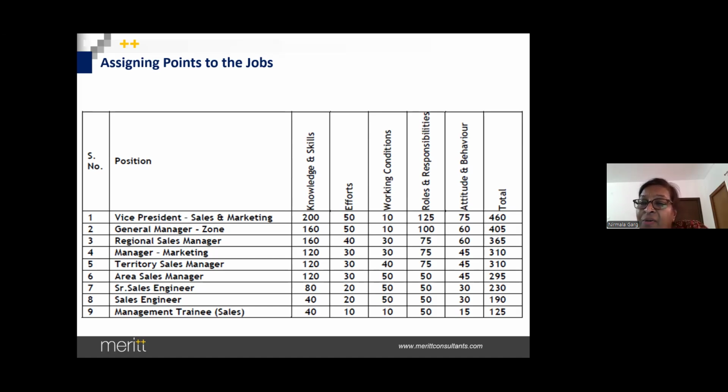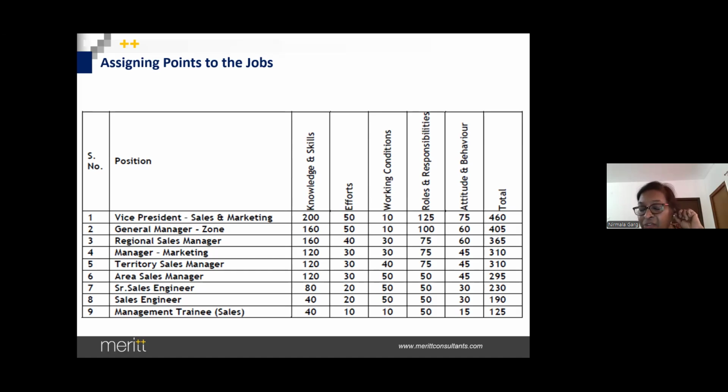So you can actually have a hierarchy of jobs based on what? The highest to the lowest. The advantage here is also when you are paying, you can make out. Say, for example, the job vice president is 460 and general manager, the points are 430.